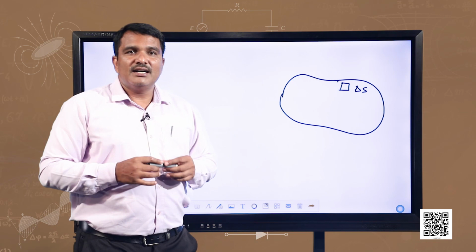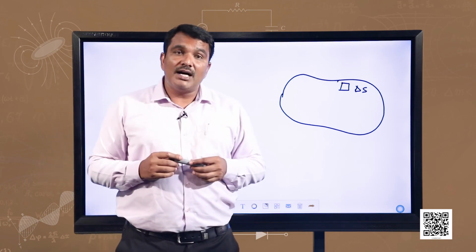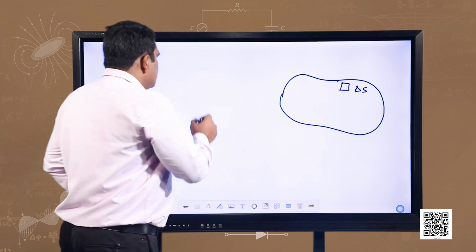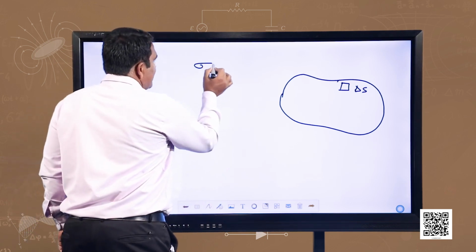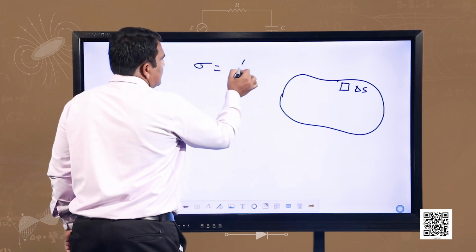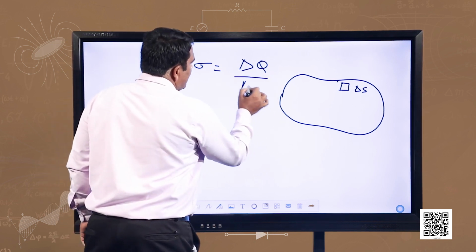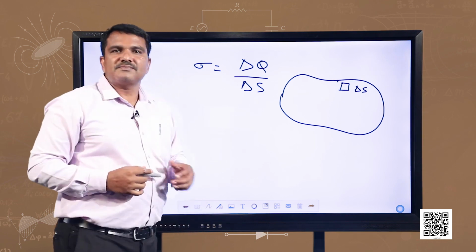We then define a surface charge density sigma at the area element by sigma as delta Q upon delta S.